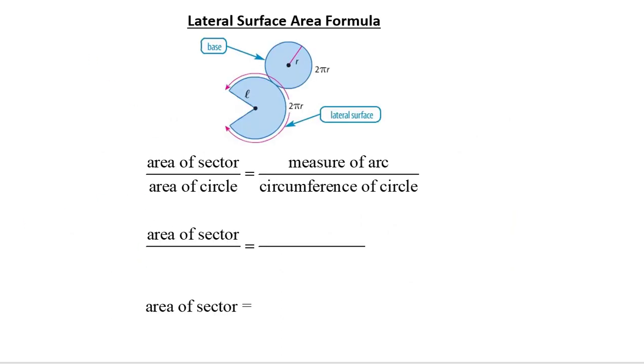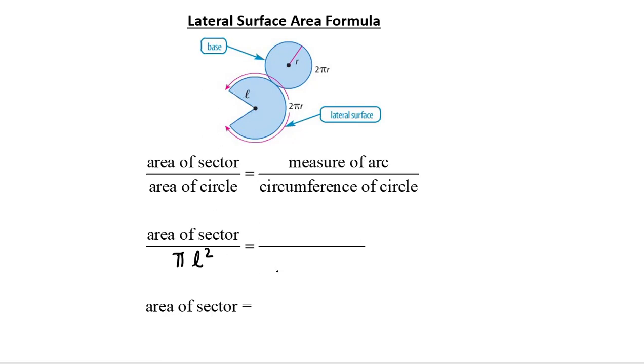Lateral surface area formula for a cone. Now this is actually a really important formula. I like deriving this. So the area of the sector is to the area of the whole circle. If that was a whole circle, the area of the whole bottom would be pi slant height squared, if this circle were to close.